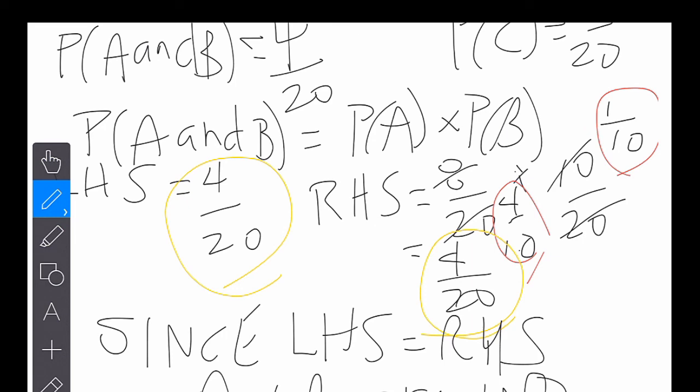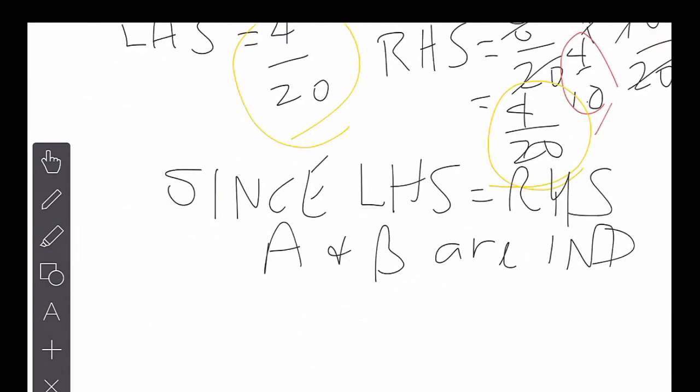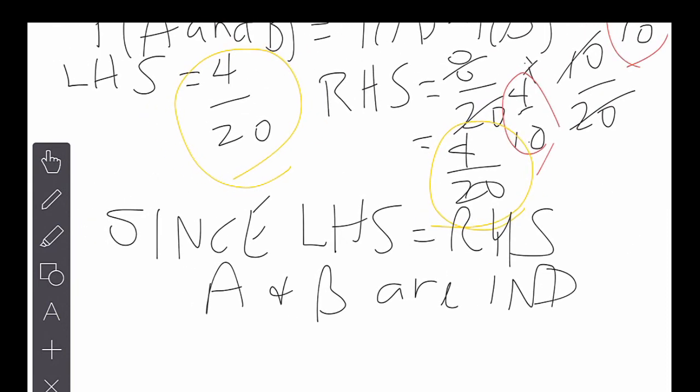Okay, it satisfies the criteria for independence. So A and B are independent. So what does independence mean? I just did this algebraically, I just did this mathematically, but let's not lose sight of what we're doing. What does independence mean?